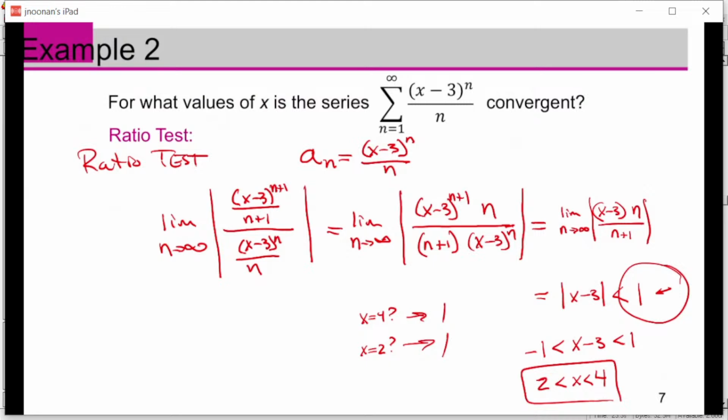Watch this. So when x equals 4, I get this. And when x equals 2, I get this.